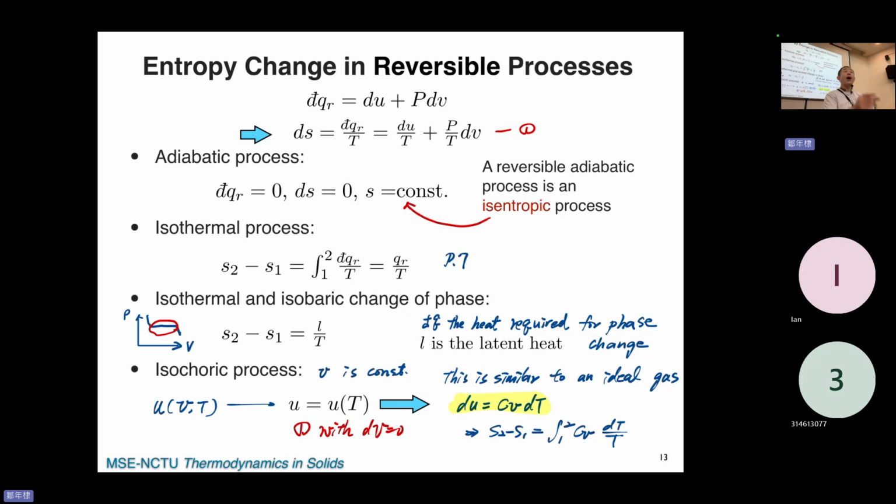Because ideal gas behavior is a function of T only. If any material undergoes a reversible and isochoric process, its behavior is similar to an ideal gas, and its entropy change is just based on the integration of CV over T. Yeah, that's it.